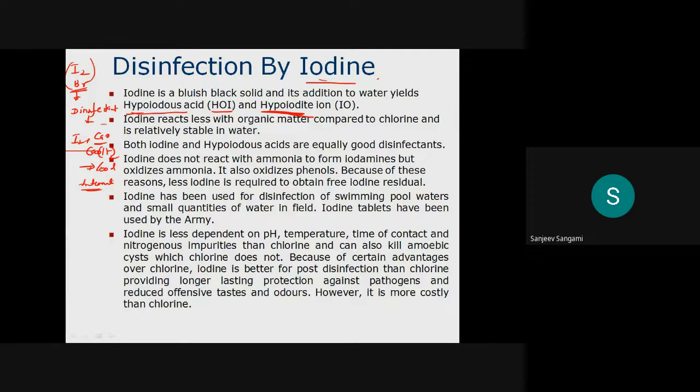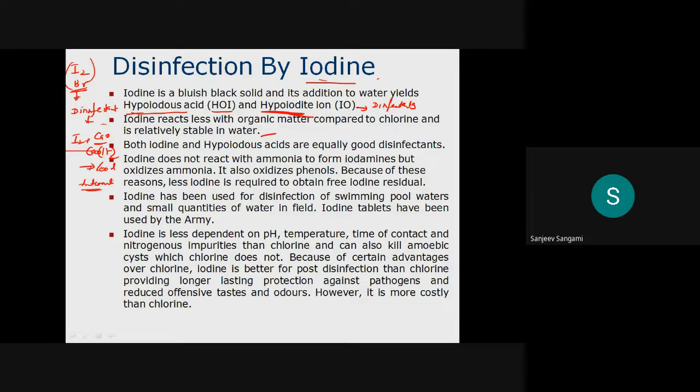These two act like disinfectants. Iodine reacts less with organic matter compared with chlorine and is relatively stable in water. Both iodine and hypoiodous acid are equally good disinfectants.